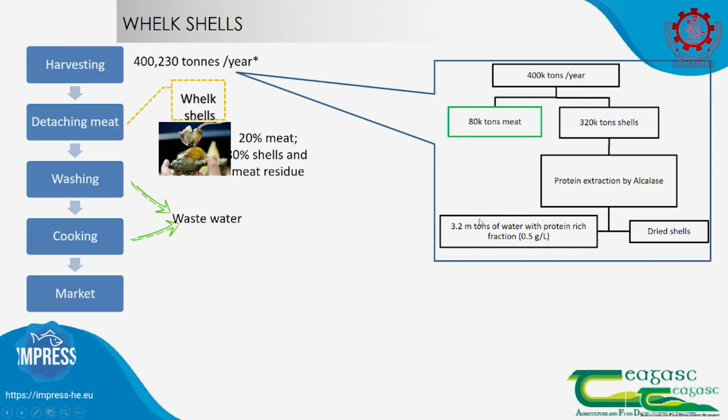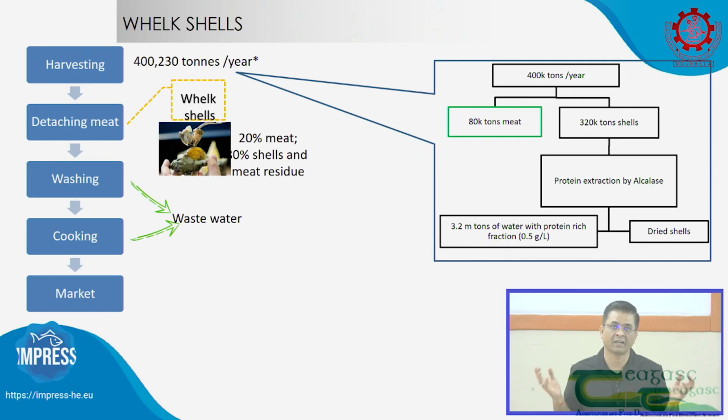So if you have this much amount of water in a year, having this much amount of protein, what can you do with that protein? Send this water to wastewater treatment, or else recover this protein. How can we recover this protein?